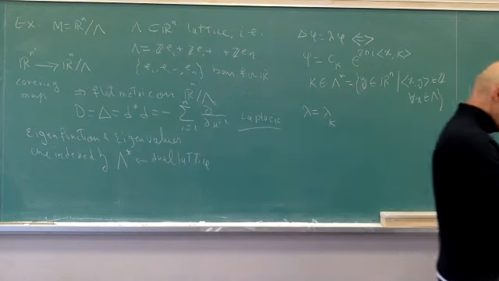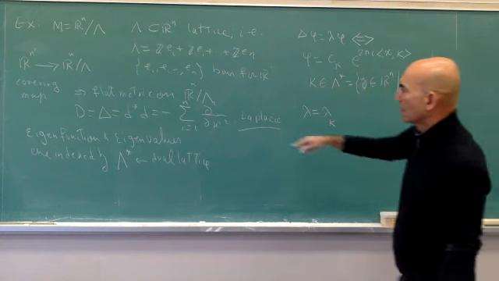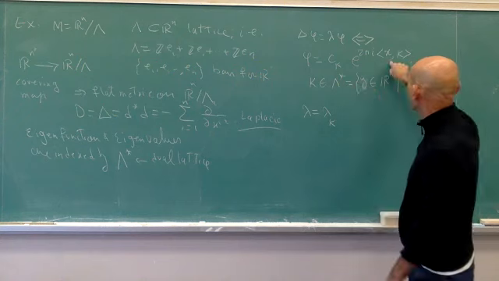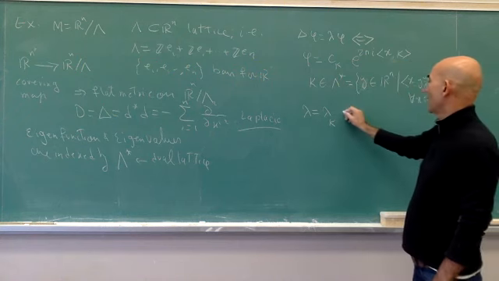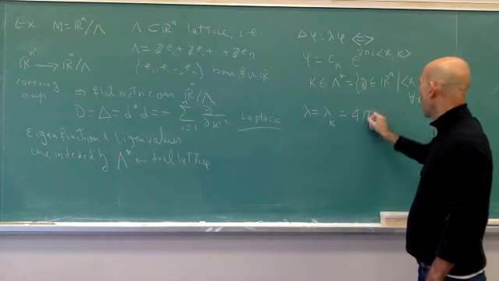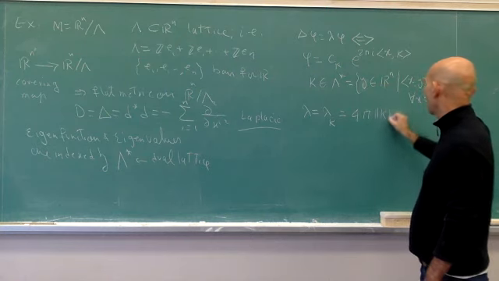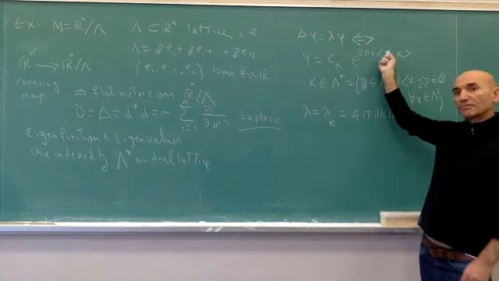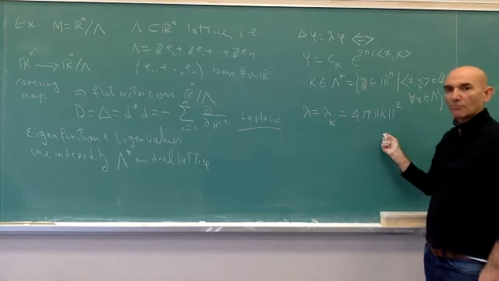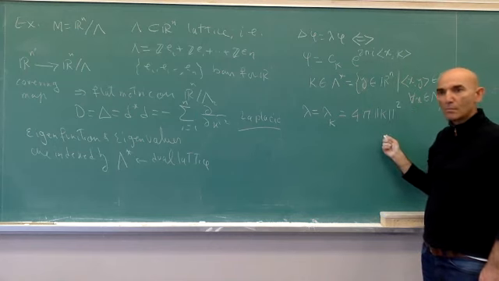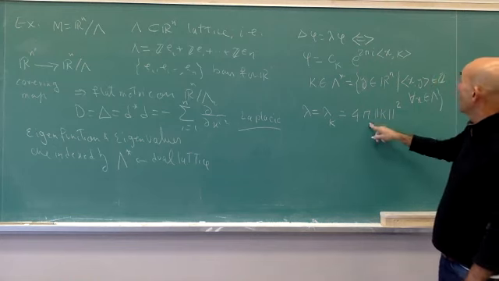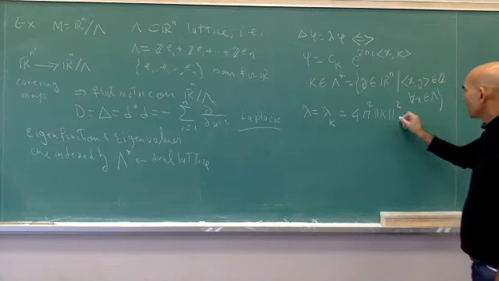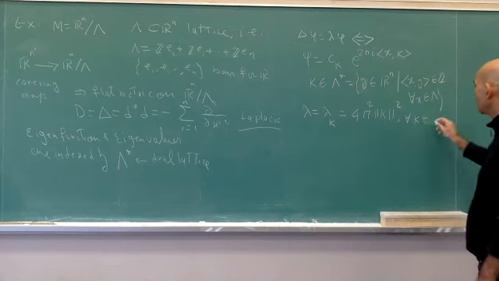You can compute the Laplacian over here: you're going to get 4 pi squared times the norm of k squared, because you have to differentiate this twice. This is for any k belonging to the dual lattice.